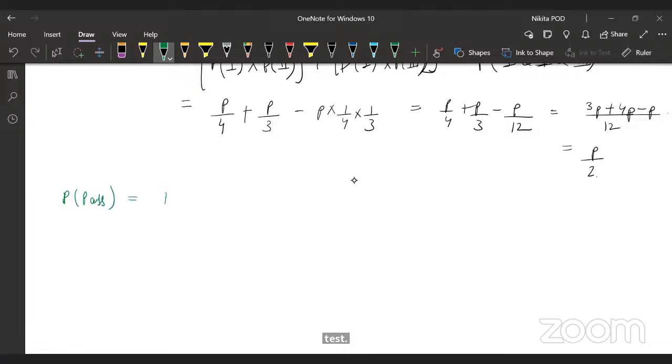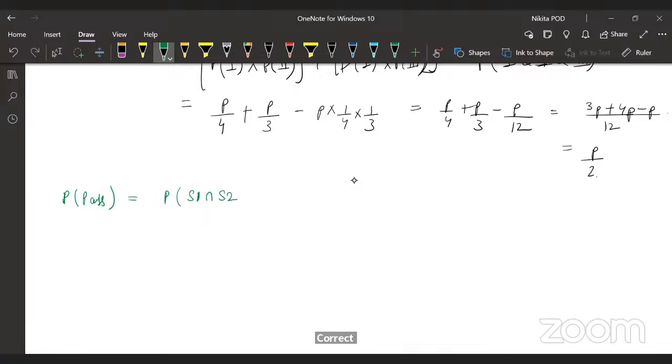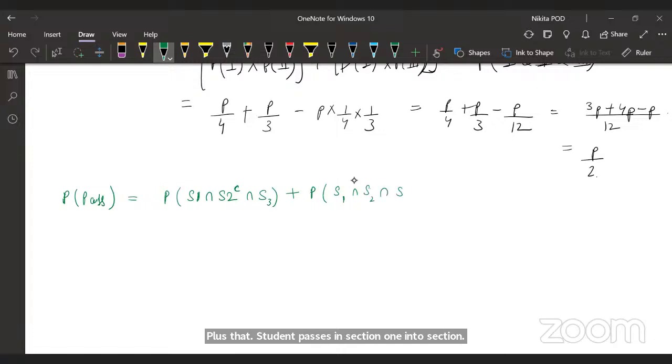And he's saying this is the probability that the student passes section 1, S1, intersection S2 complement, intersection S3, plus the probability that the student passes section 1, intersection section 2, intersection S3 complement. This is what you're saying, no? Yes.